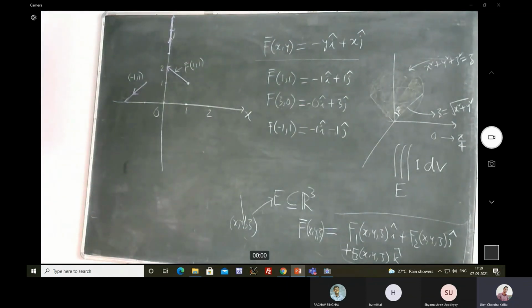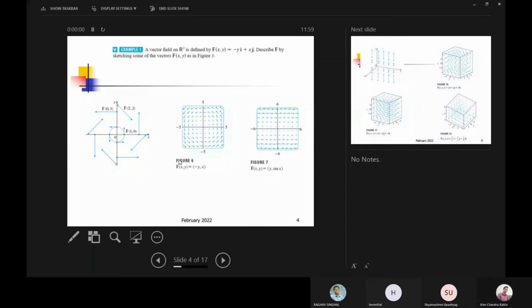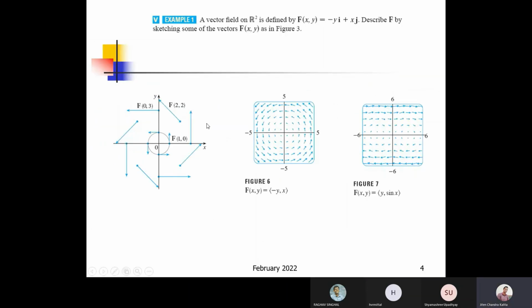Now I'm just going to show you some more examples. In fact, this is called the rotational vector. If at each point you draw those vectors, it is going to look like this. Here you can see that all these vectors designate some kind of rotation.